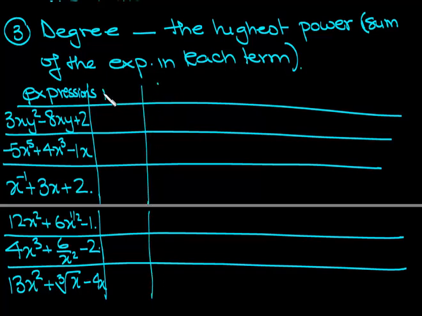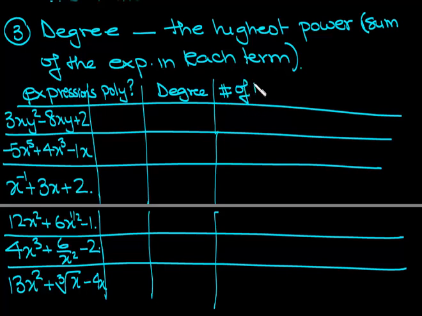I'll just put polynomials, question mark. The next thing is, if they are polynomials, we want to identify the degree right away. Then we want to identify the number of terms, because that's going to be important later, and that's why I'm introducing these terminologies.